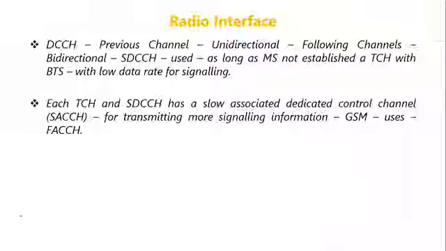If there is no collision, then the BTS uses the access grant channel, AGCH, to inform the MS that it can use the TCH or SDCCH for further connection setup. The next channel that we'll be discussing is the dedicated control channel.